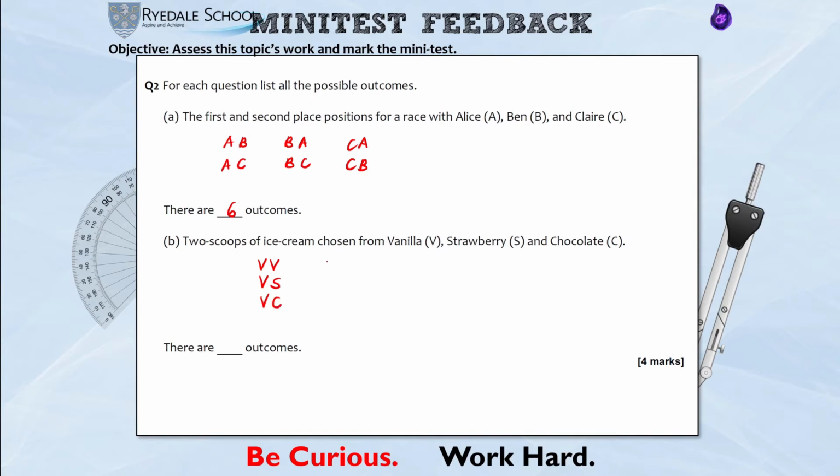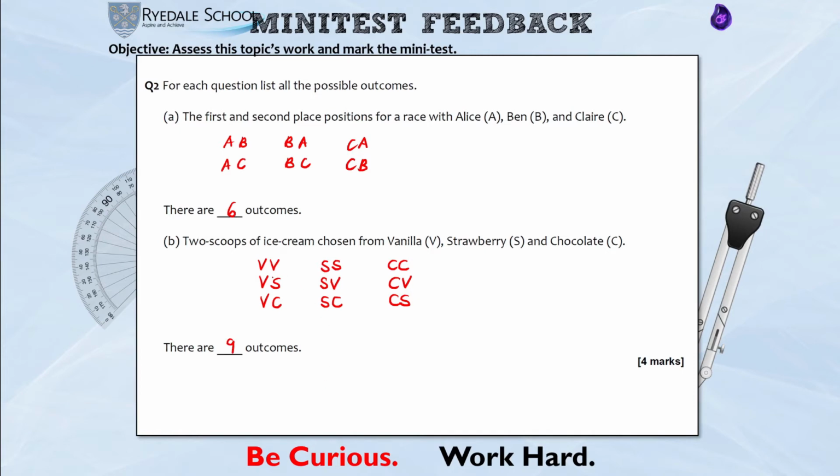You can have strawberry and strawberry, strawberry with vanilla, strawberry with chocolate, and then you can have chocolate with chocolate, chocolate with vanilla, and chocolate with strawberry. So there are 9 outcomes.